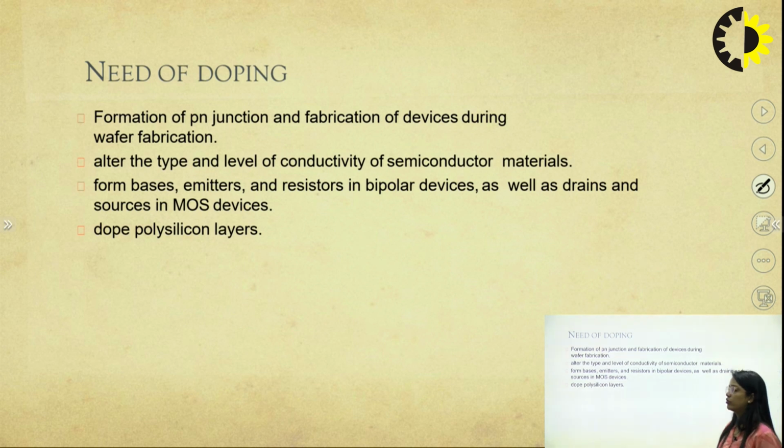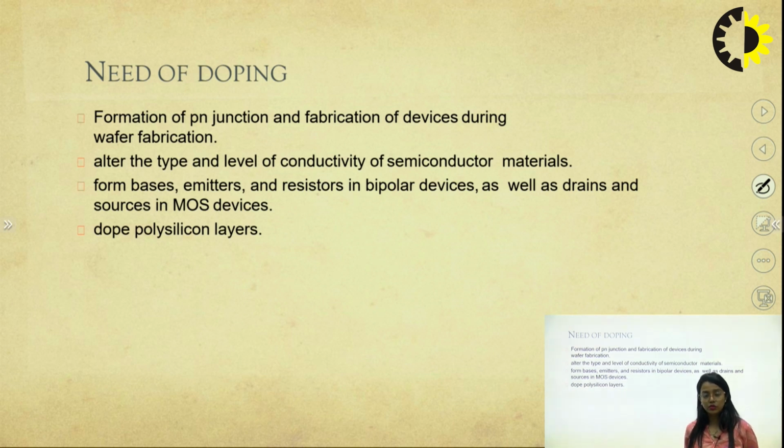What is the need of doping? First of all, formation of PN junction and fabrication of device during wafer fabrication. We can alter the type and level of conductivity. Sometimes we can increase the level of conductivity and sometimes we can decrease it.